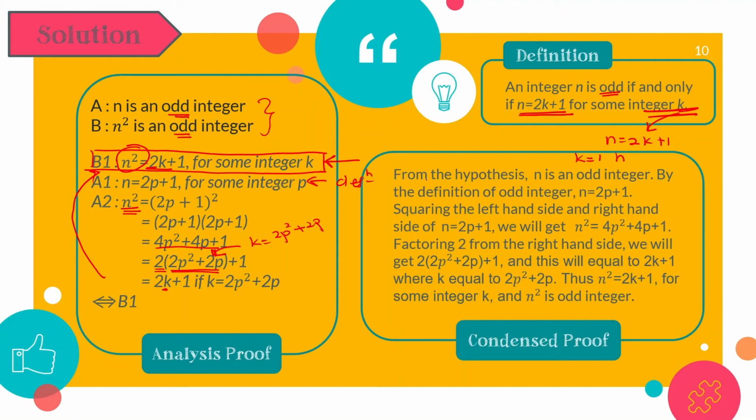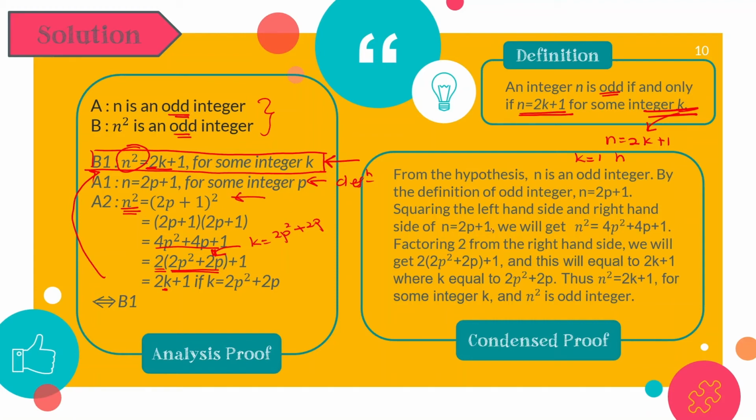From the hypothesis, n is an odd integer. So from A, by the definition of odd integer, n equals 2p plus 1. Squaring the left hand side and the right hand side, this is the step here.